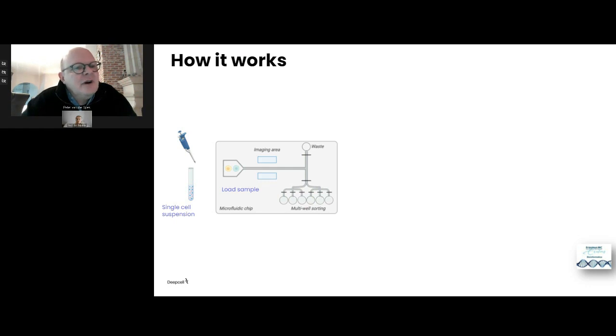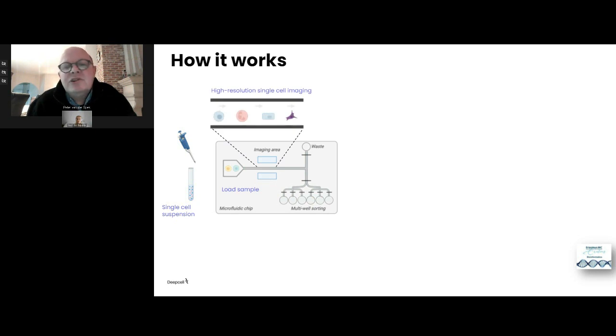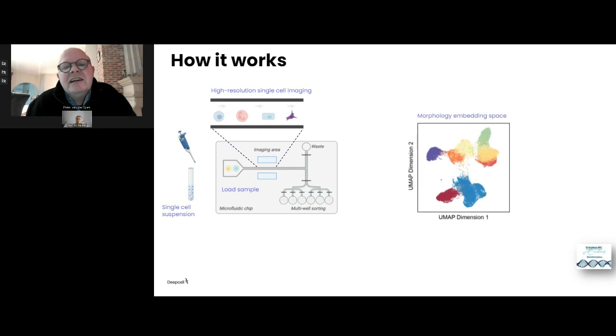As I said, you have your tube with your cells, you pipette the cells, and you load them on the machine. You have an imaging area, which is where the bright field camera is. The cells are not labeled at all; you just photograph the cells without any dye, they can stay alive, and they go through the machine. The cells get imaged at high resolution. Then you get your clusters, where each color represents similar cells that have the same morphologies.